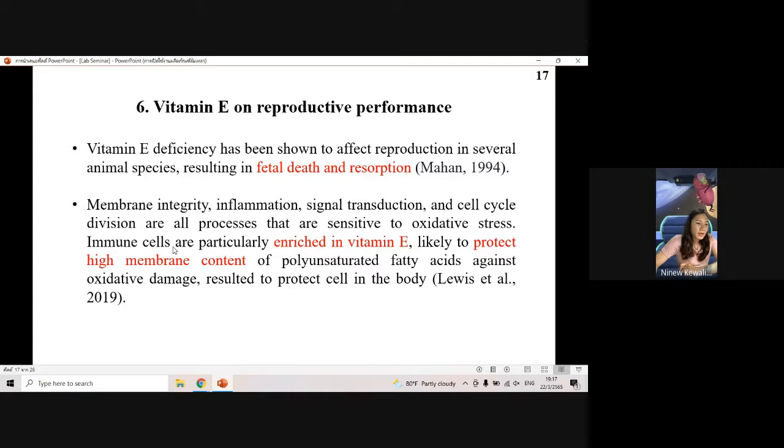The immune cells are particularly enriched in vitamin E, which protects the high membrane content of polyunsaturated fatty acids against oxidative damage, and so protects the cells in the body.